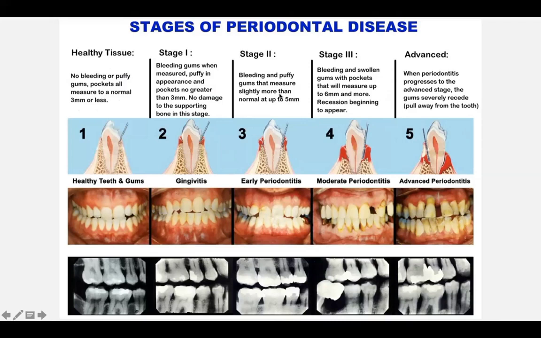Other than that, gingivitis, early periodontitis, and moderate have stage 1, stage 2, stage 3. The description is the same. Here you can see the pockets deepening towards the right side as it goes towards the advanced periodontal disease stage. And these are the extraoral and X-ray manifestations and changes of the disease state.